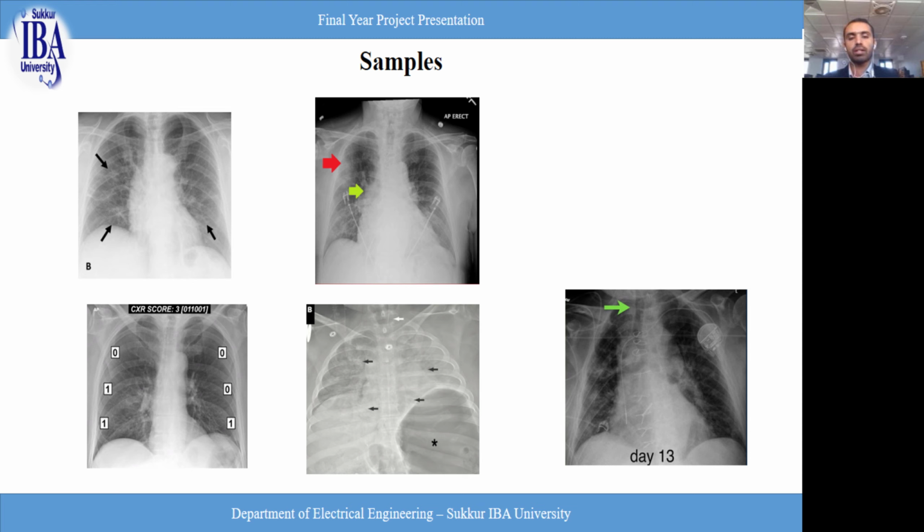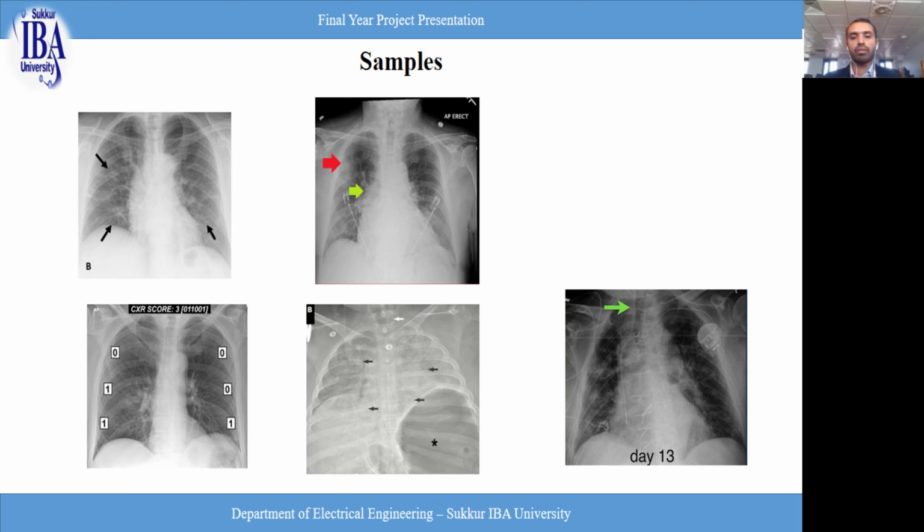After analyzing the data set that we have downloaded from the websites, we saw that the images contain this kind of arrows and letters, and this can cause problems in training the model.